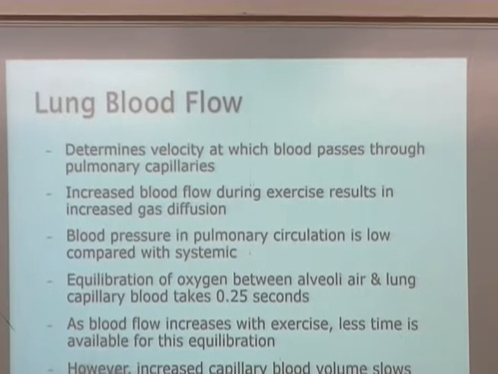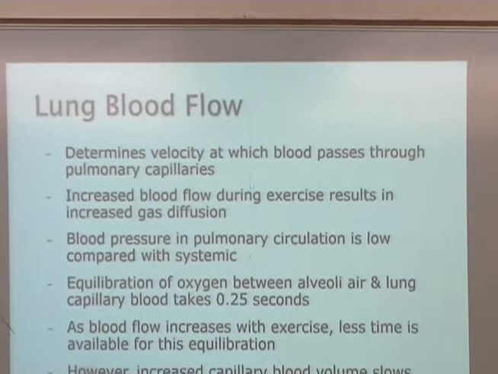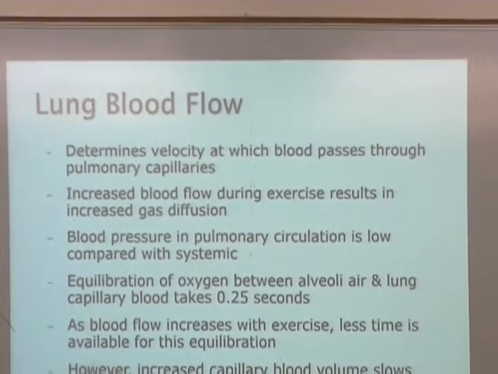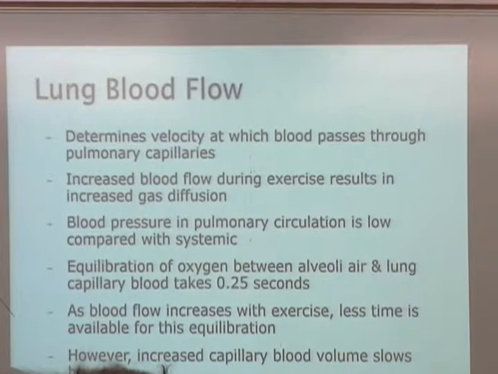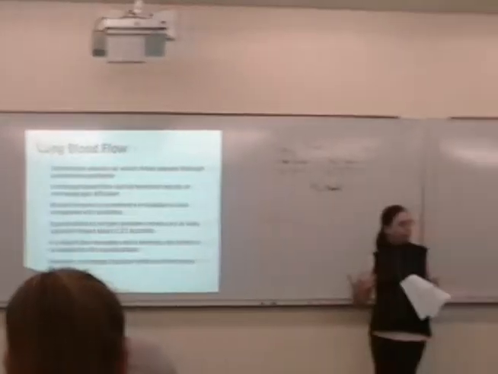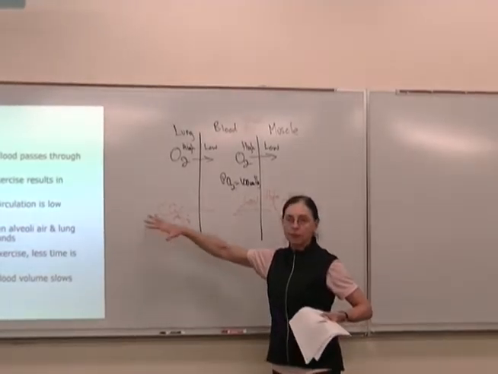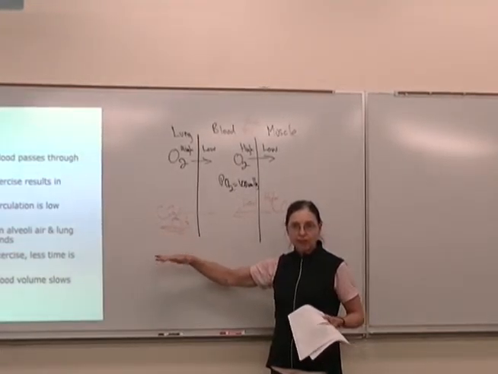Now, one of the interesting things that always surprises me when I look at this chapter is when we look at adaptation, we say adaptation is typically positive and something's going to happen that makes us better at doing that job. So it would make a lot of sense if I do a lot of aerobic training that we saw an increase in the capillary network that wraps around the alveoli.